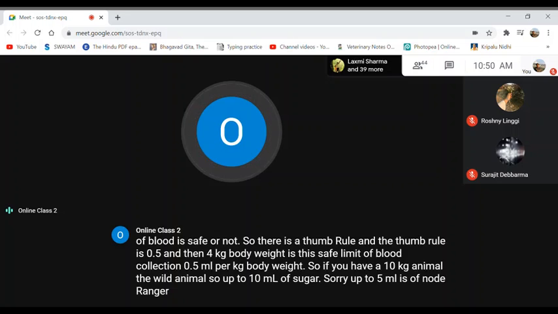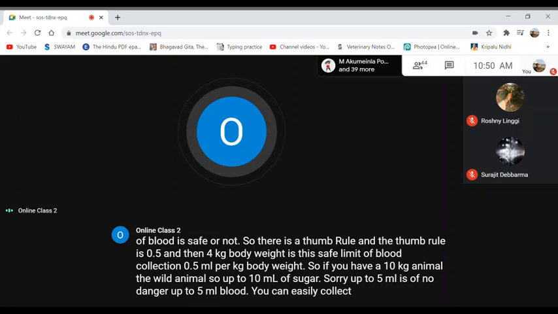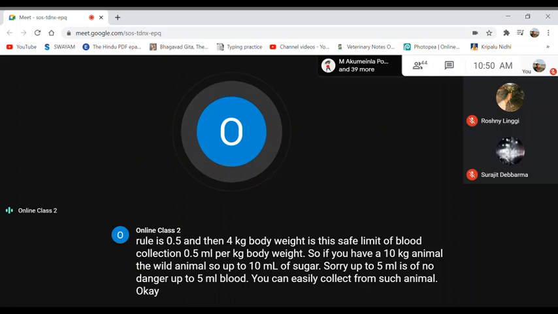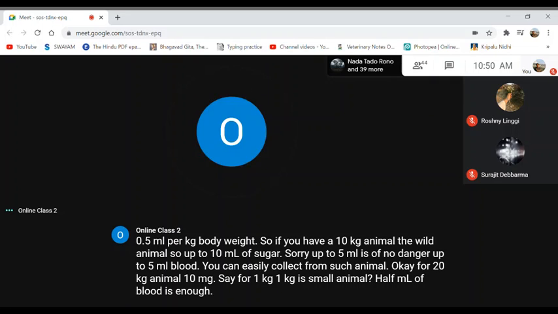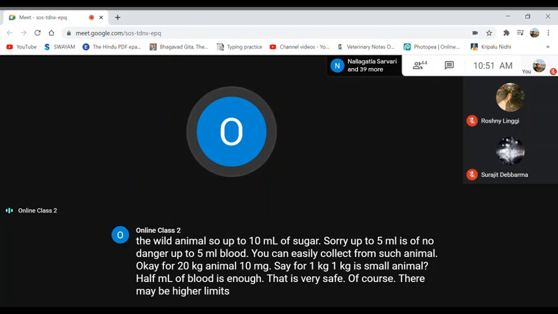For a 20 kg animal, 10 ml. For a 1 kg small animal, half ml of blood is enough. That is very safe. Of course, there may be higher limits. By experience, you will learn, but this is the safe limit I am talking about.